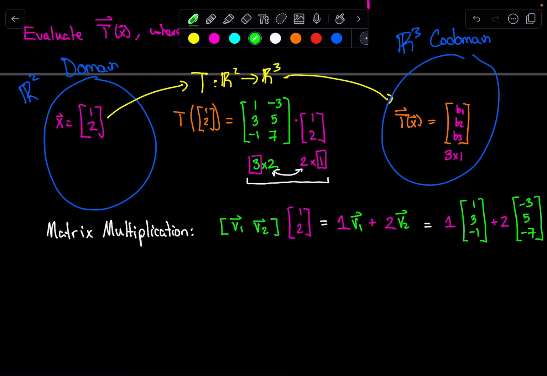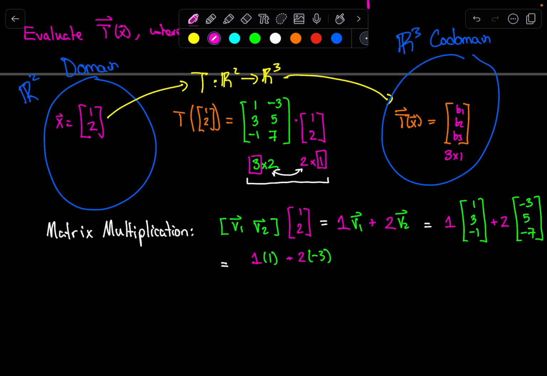I'm trying to show you something kind of interesting. If we do this, it ends up being a system of equations, right? If I really wanted to write this out as a system of equations, it's kind of silly to do, but I'm just going to do it anyways. 1 times 1 plus 2 times negative 3, like the first entry.